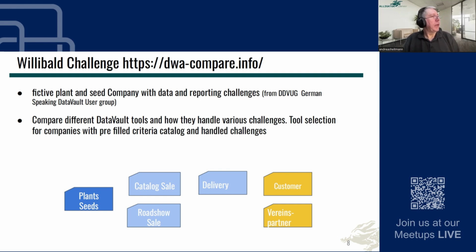They are selling plants and seed in two ways, by catalog and online, and deliver it to a customer. And the second business is that they do a roadshow, driving with a big truck to, yeah, Vereinspartner.